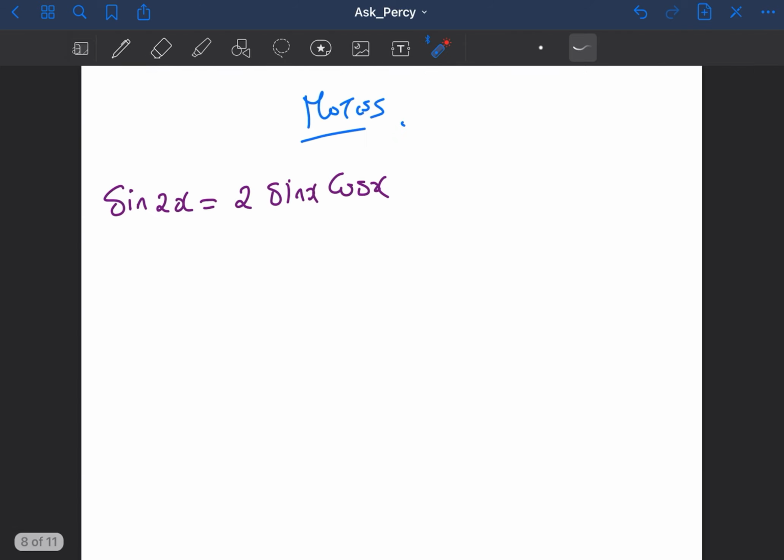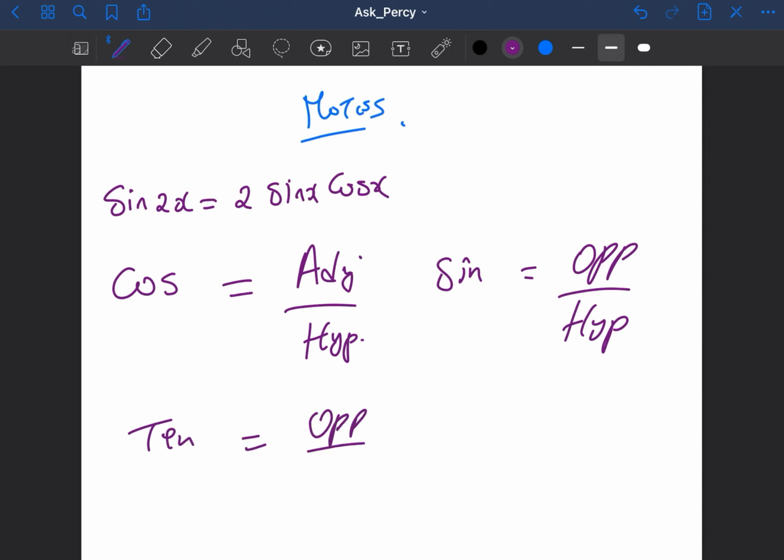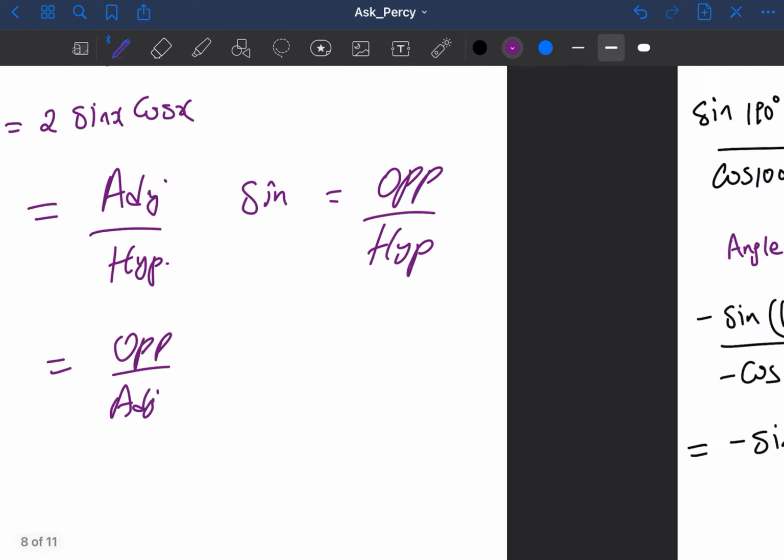So maybe I can write that down as our note. Cos is adjacent over hypotenuse, sine is opposite over hypotenuse, and tan is opposite over adjacent. Okay, so you're going to use a lot of that.